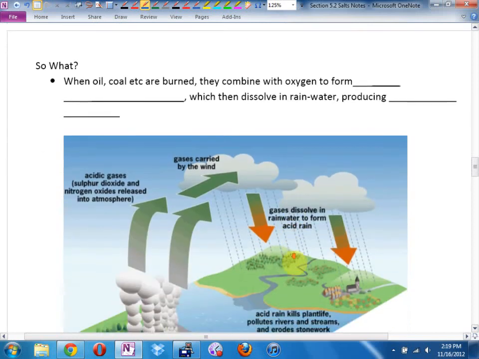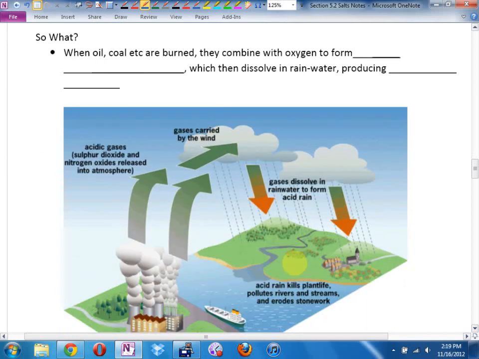So what? Turn the page. Well, when coal, oil, etc. are burned, they combine with oxygen to form non-metal oxides, like CO2 and carbon monoxide, CO, and others, which then dissolve in rainwater.